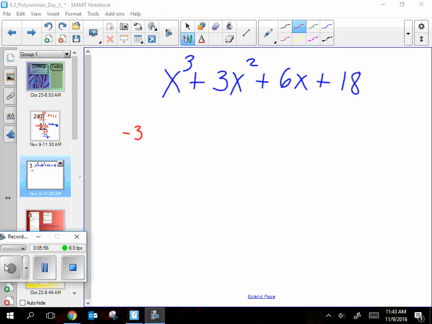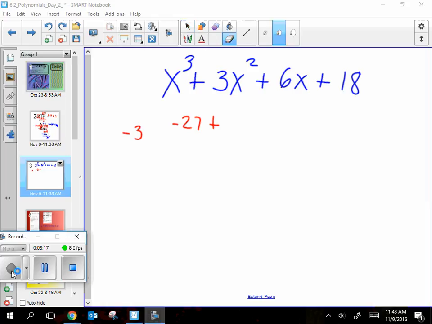In case you have trouble with that, -3 cubed is -3 times -3 times -3, which is -27 plus, and then just keep going from there. It's a 0, so that's what it does.